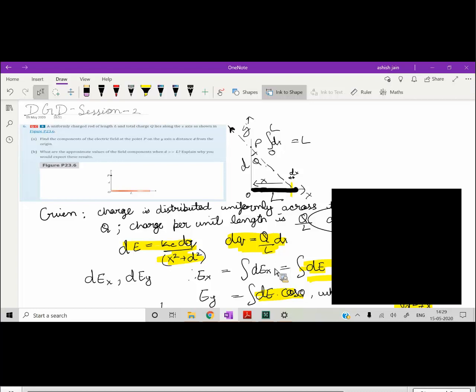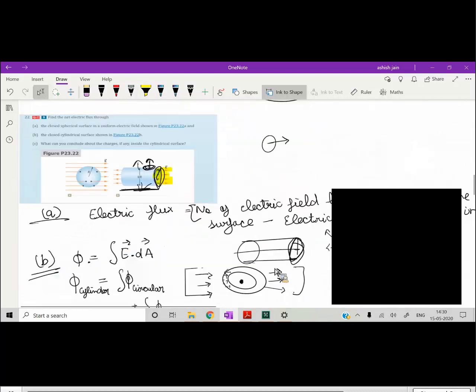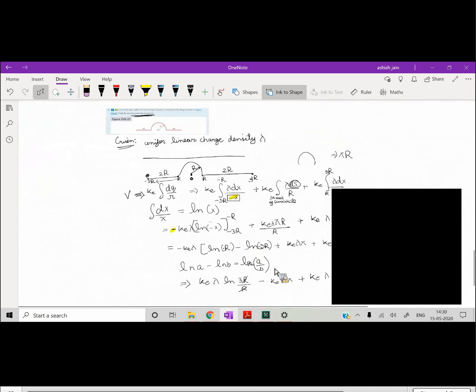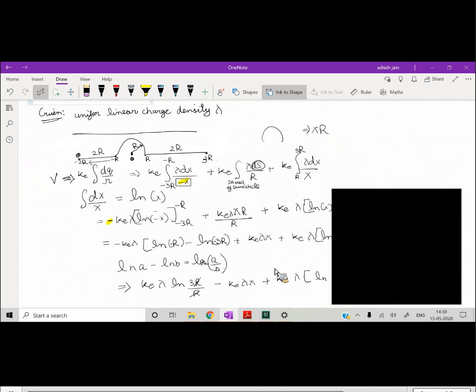Another thing I would like to conclude is that you should always emphasize on getting the physics right. Don't fear the mathematics. Even if you get the mathematics wrong, if you get the physics right, you still get half the marks in physics.